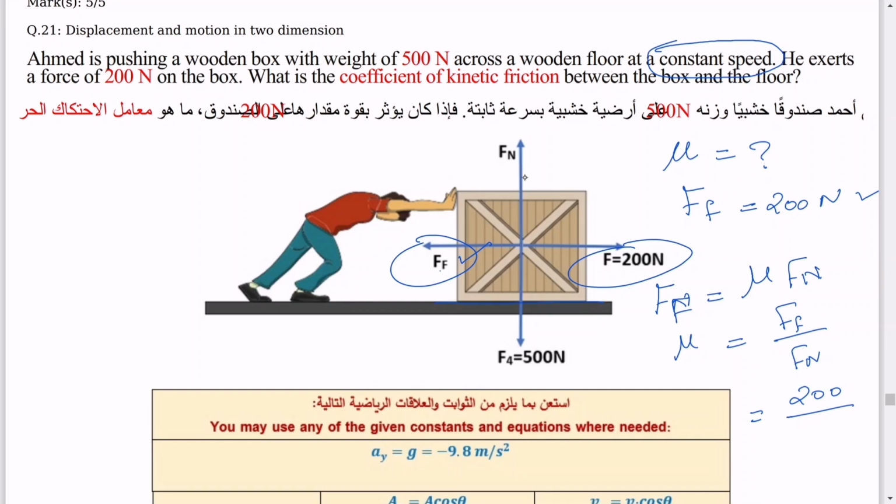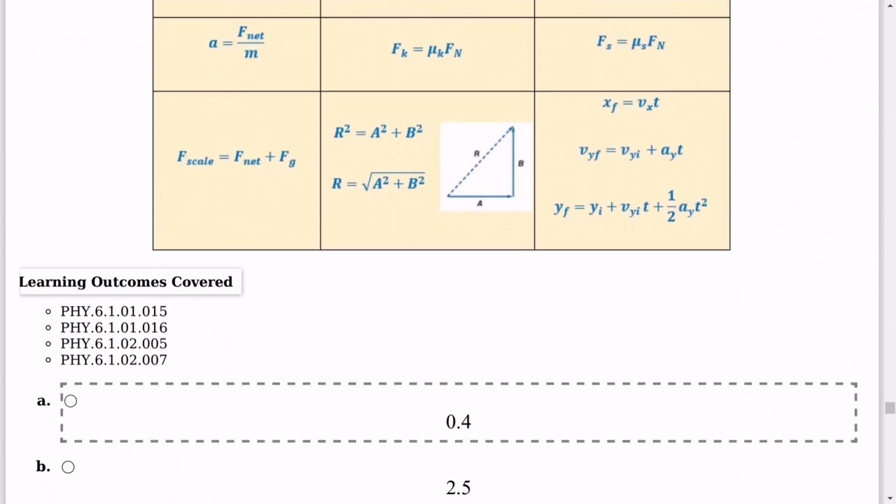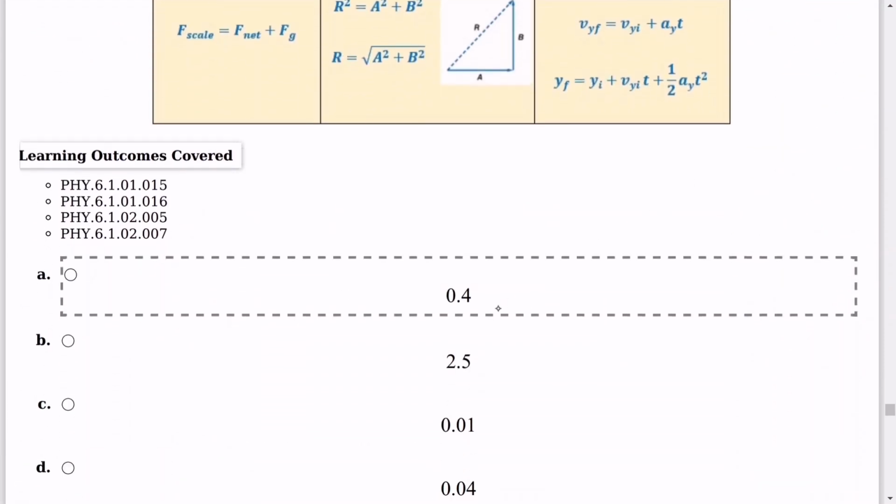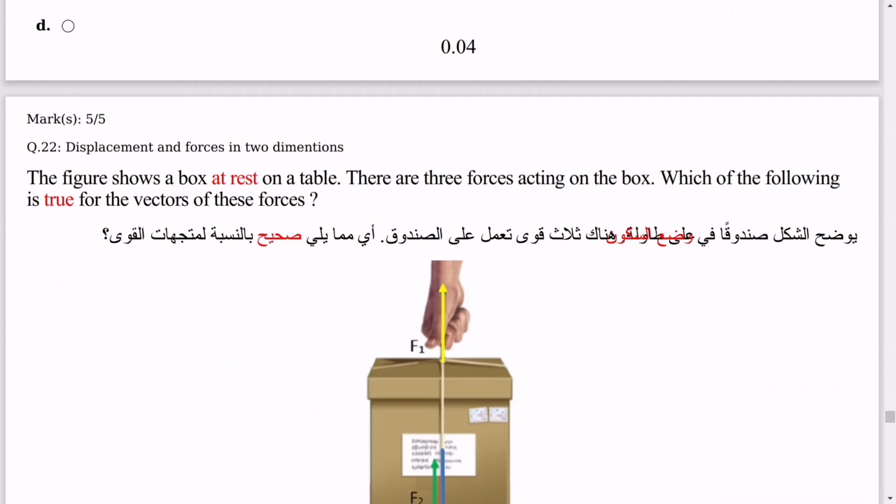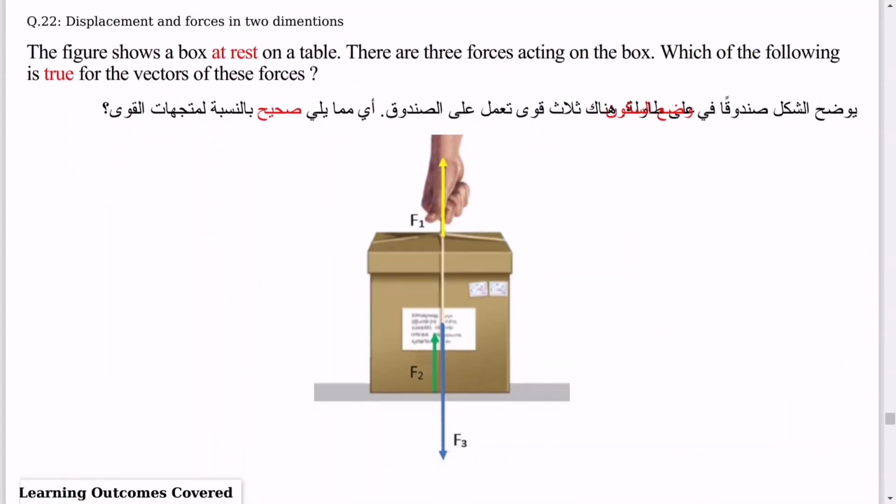So the normal force acting on the block will be equal to the weight of the block, that is 500. So 200 divided by 500 is equal to 0.4. And the coefficient of friction is a quantity without any unit. And the coefficient of friction will always be less than 1.